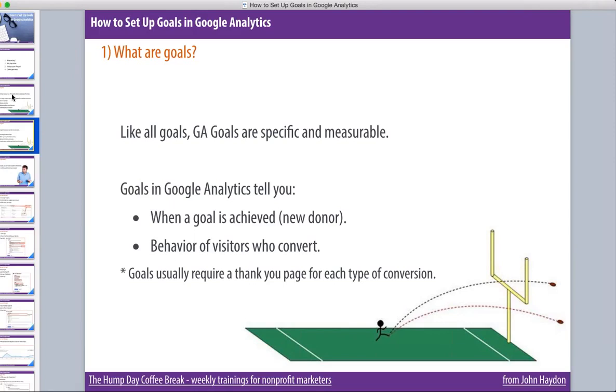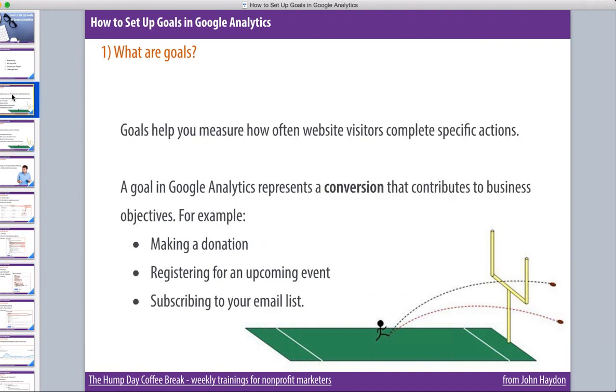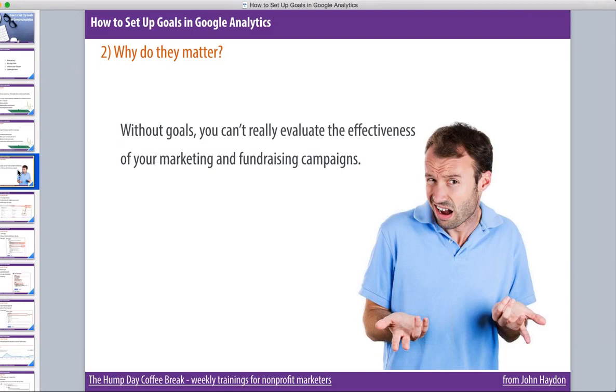What campaigns are resonating and converting best for our organization? So that's what goals are. It's a very simple definition: it helps you measure how often a website visitor completes specific actions. And the analogy is setting up a goal post, so you know when the ball goes through the goal and when it doesn't.